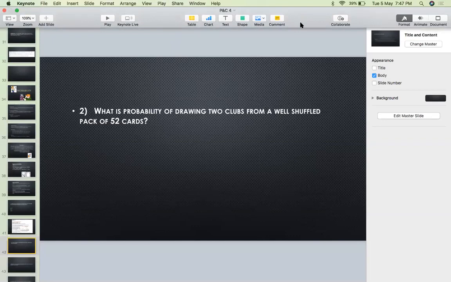Sam, in this case, choosing a particular suit is not important because it is already mentioned that you need to take out clubs. If the question was for, let's say, kings, then the selection of suit would also have been counted. But in this case, it is only clubs. So selection of suit does not come.